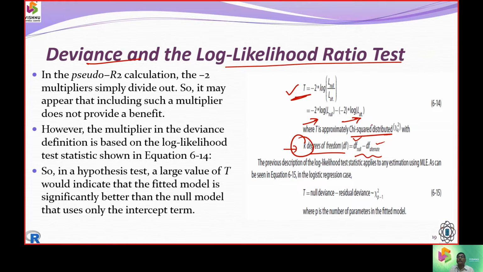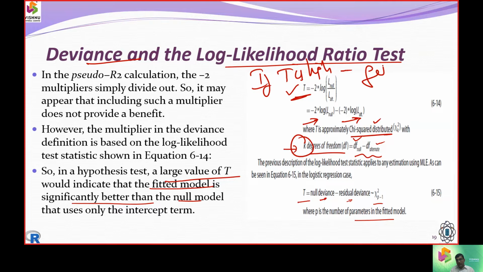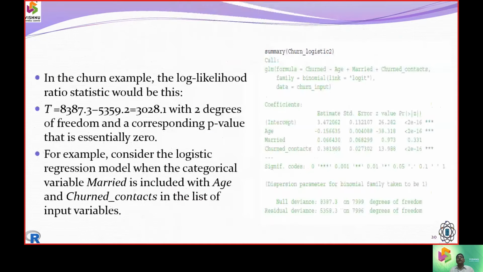Finally we get the chi-square method, which gives t equal to the null deviance minus the residual deviance. So we get an appropriate value to fit the model. In the hypothesis test, a larger value of t indicates that the fitted model is more significant than the null model. So if t is high, the fit is good. That was the conclusion we get from this deviance.